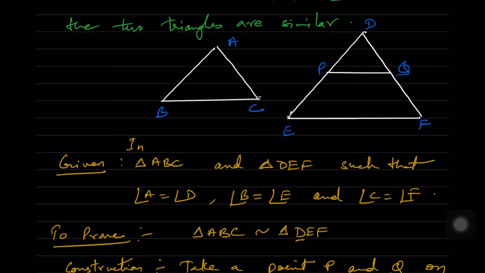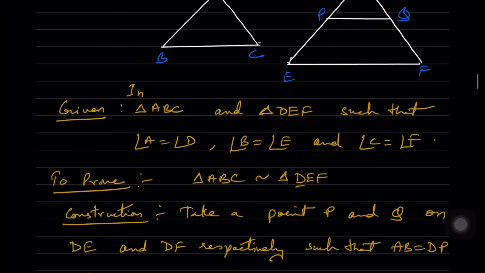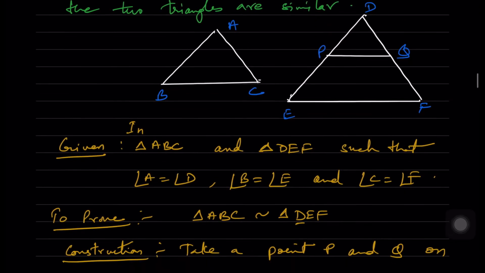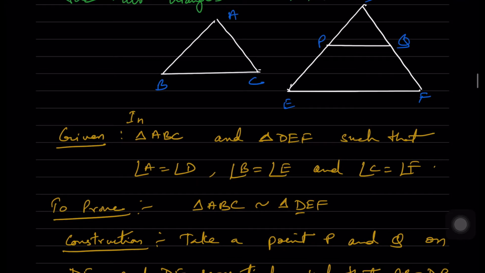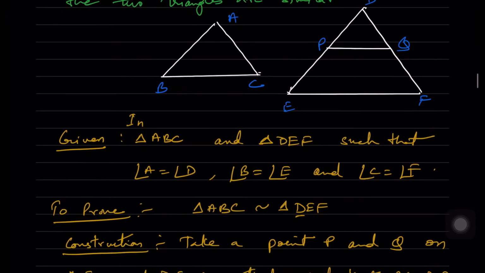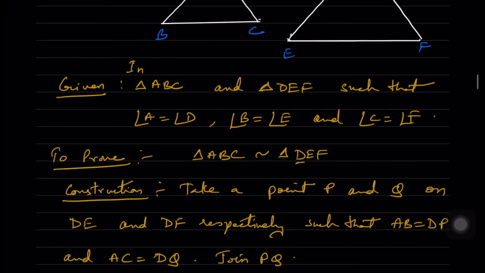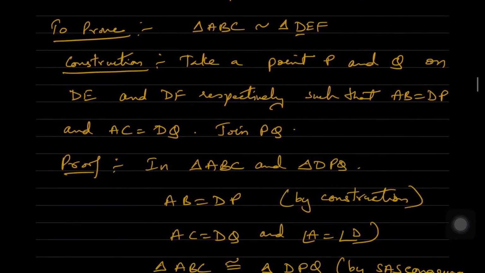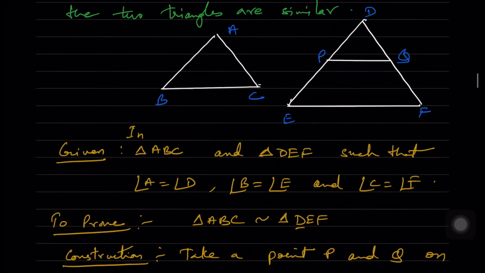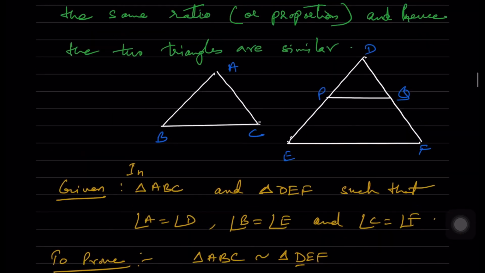Now from the construction part, take points P and Q on DE and DF respectively, such that AB is equal to DP and AC is equal to DQ. Join PQ. So now we have triangle ABC and triangle DPQ, the smaller triangle, which we are going to consider.